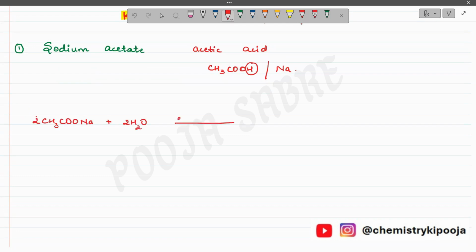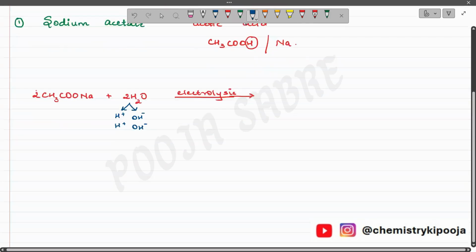Then in the presence of water, the electrolysis process is going to take place. Now, how will the reaction be? I know that this water has H plus and OH minus ions, right? So 2H2O means 2H plus and 2OH minus, isn't it? So over here, what is going to happen?